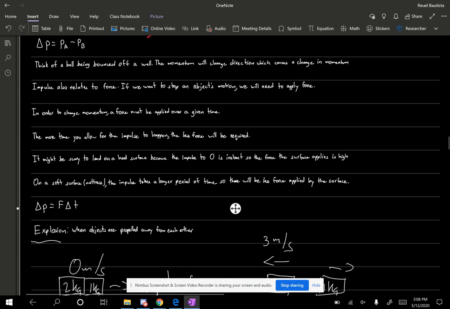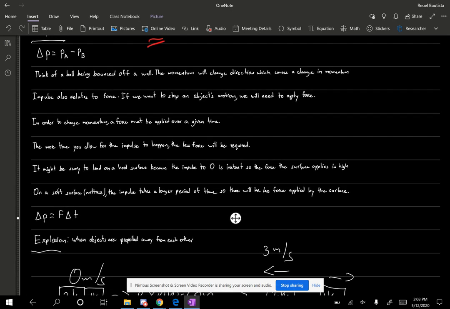Okay. So impulse happens by you applying force. If you remember Newton's laws of motion, for you to change the velocity of something, to apply an acceleration, you have to apply a force.